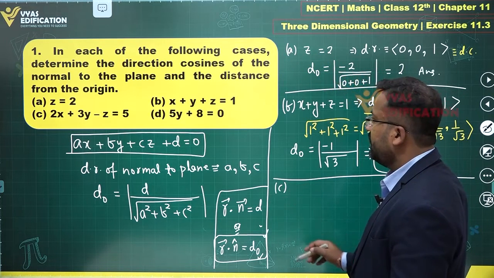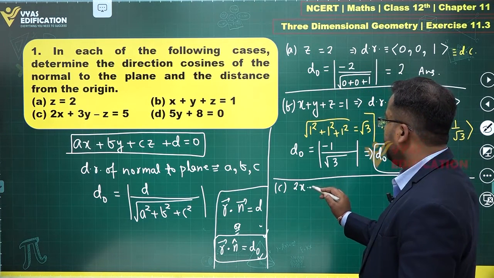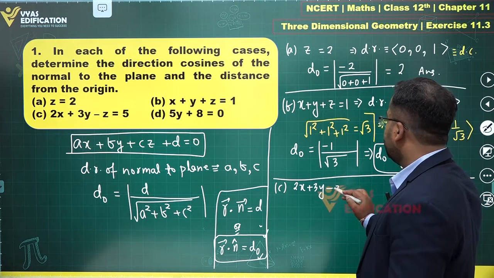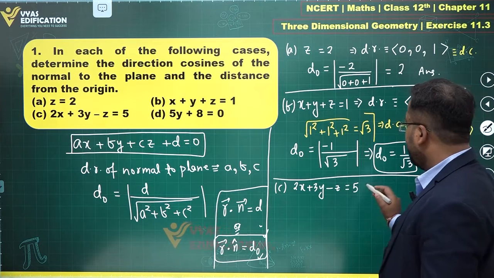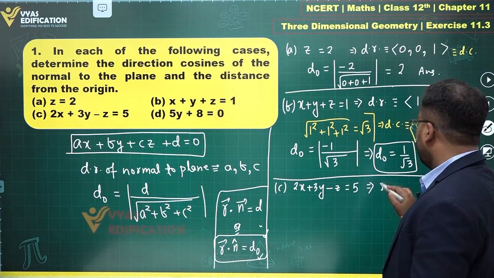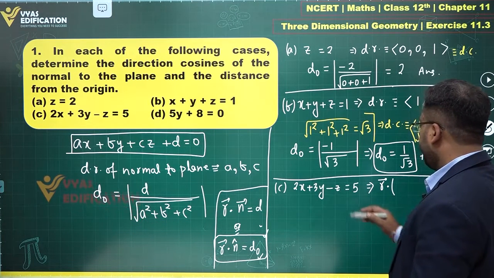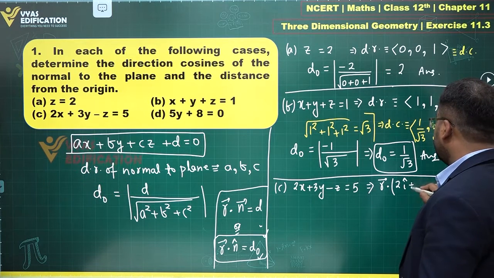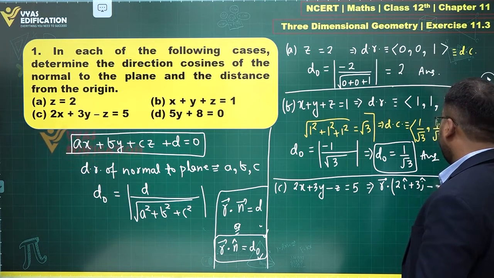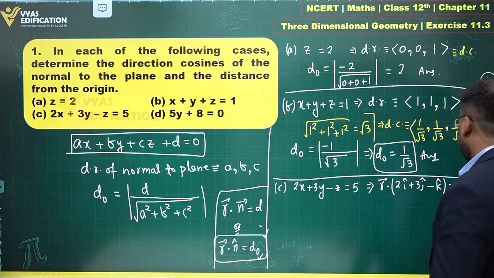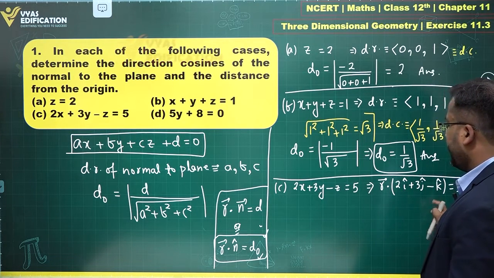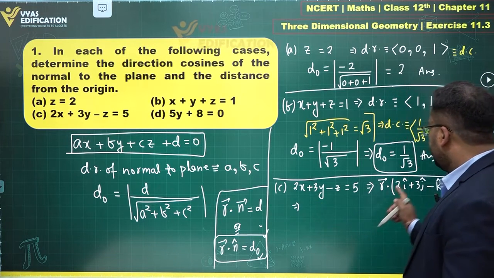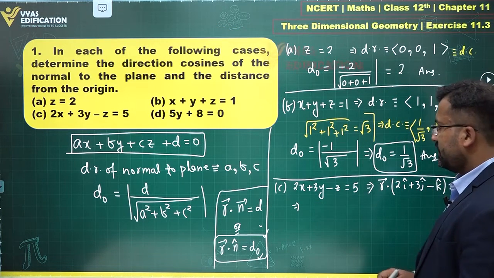Third part, C part, that is 2x plus 3y minus z is equal to 5. This is what you have, right? So can I write it as r vector dot with 2i cap plus 3j cap minus k cap is equal to 5. And you can divide with this magnitude over here. This is 4, 9, 1, what is that? 14.